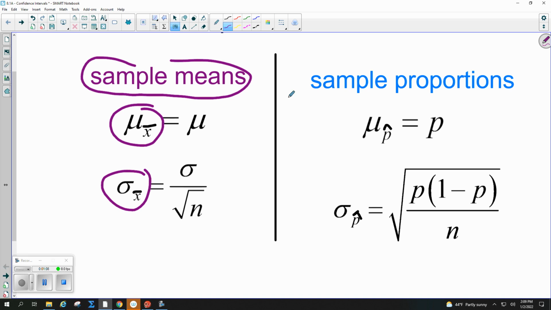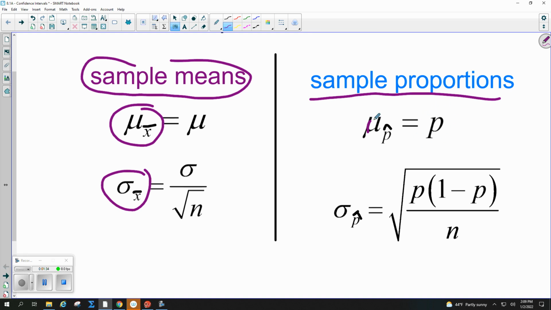For proportions, think of when we were drawing out of the poker chips bag, where we knew 50% of them were red. If we take enough of those little p hats, you drew out 20 chips and found the proportion that were red, and if we took a whole bunch of samples of 20 chips, putting them back in the bag each time, the mean would equal the true proportion of red chips in the bag.